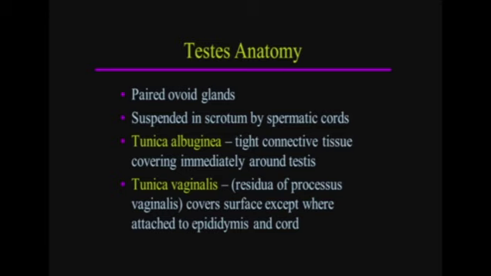And this was the extension of the peritoneum into the scrotum for descent of the testes during embryologic life. The tunica vaginalis covers the surface or surrounds the surface of the testicle except where the testicle is attached to the epididymis and cord.